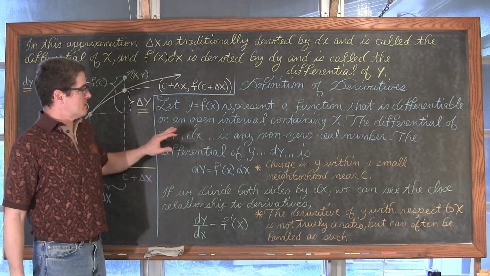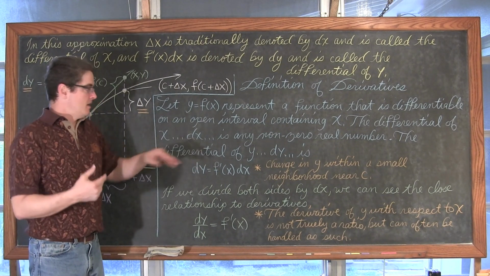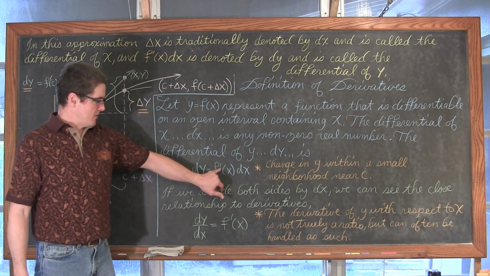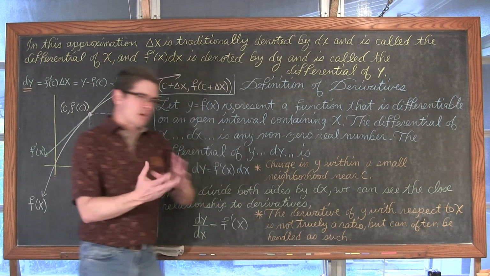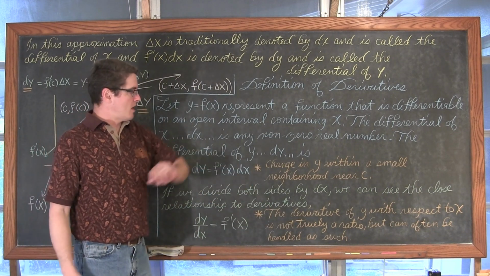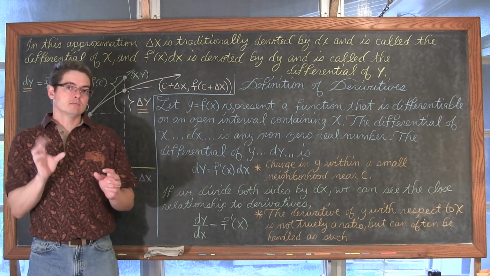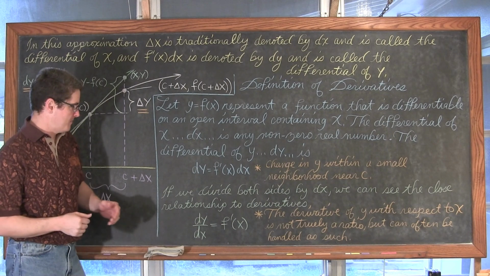The change of x, delta x, and dx are the same thing. Delta y and dy are not. So dy is equal to f prime of x dx, and that's how we want to think of it, or remember it: it's a change in y within a small neighborhood of, or near, c. So we need to have relatively small delta x's to get a good approximation from our dy.